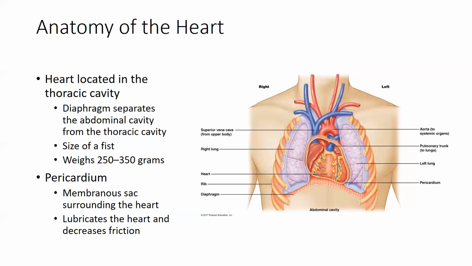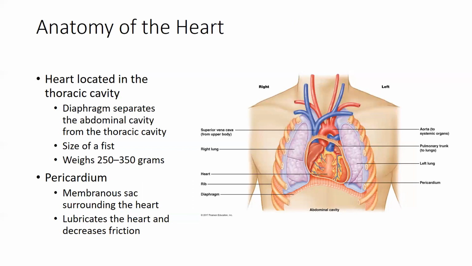Now, the heart is going to sit in a sac or a cavity called the pericardial sac. And if you remember, we talked about 3 membranes earlier in the semester. We talked about the mucous membranes, the cutaneous membrane, and we also talked about your serous membrane.